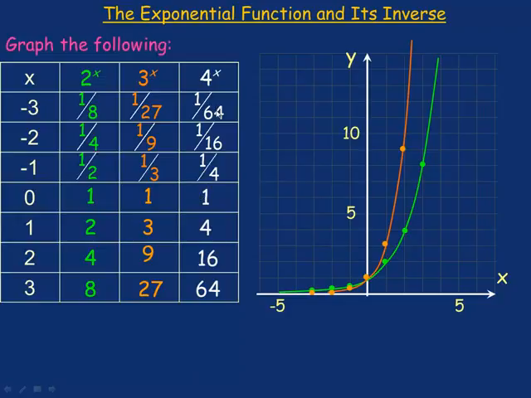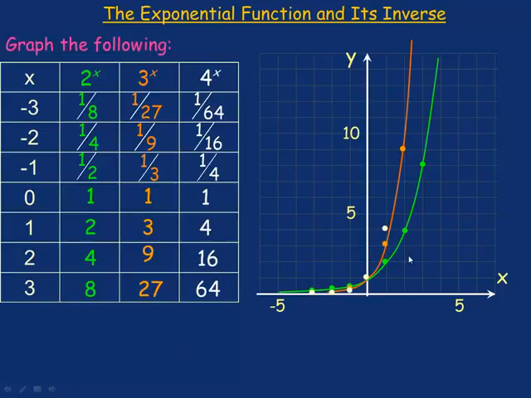Now 1/64 is pretty difficult to graph, but we go left 3 and up 1/64, so we'll make it look like it's just barely above the x-axis. So applying the other points, and of course 0, 1 again would be here, just the same as the first two. 1, 4 would be right there.